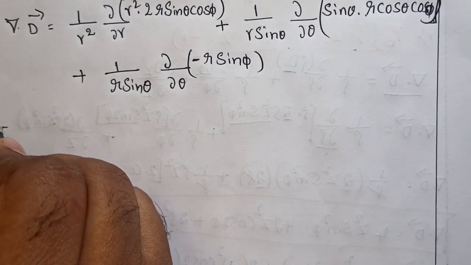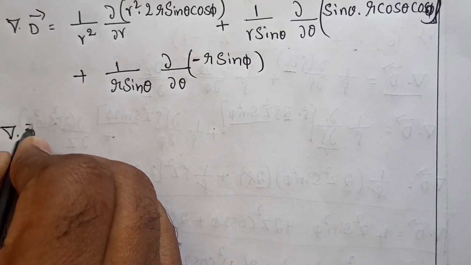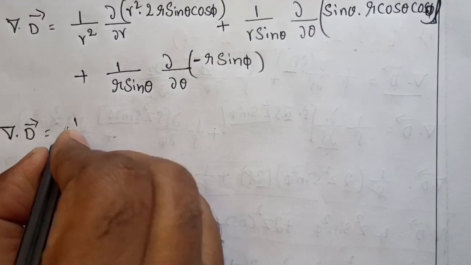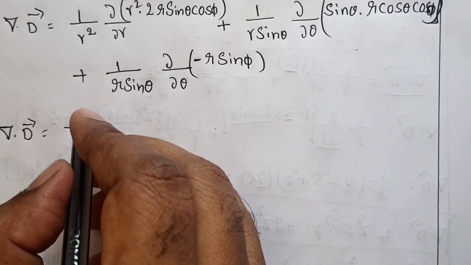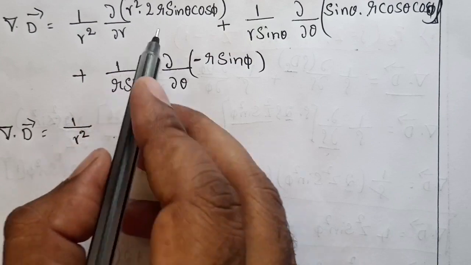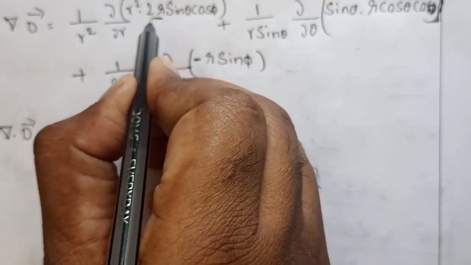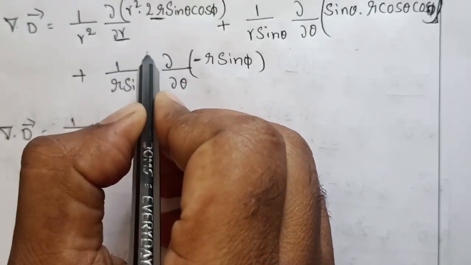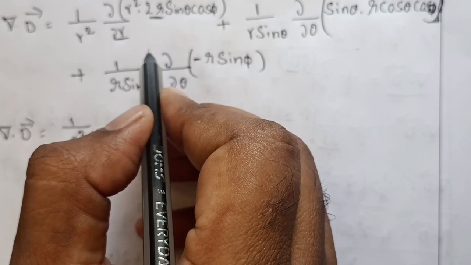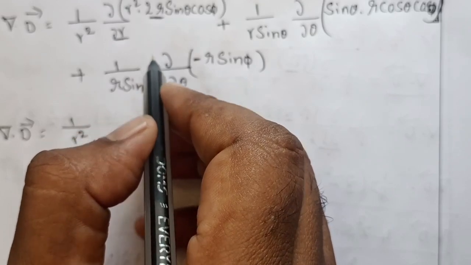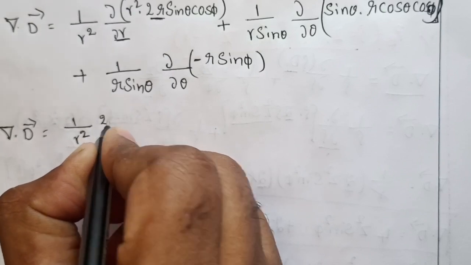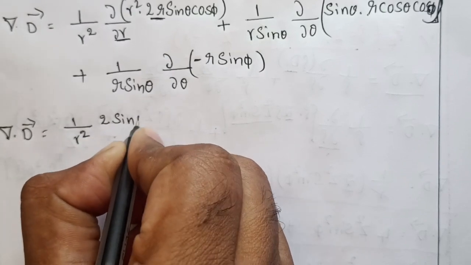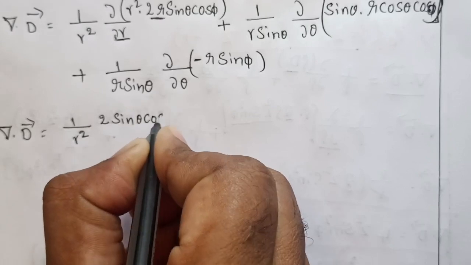So del dot D equals 1 by r square into, I am doing with respect to r, so the rest is constant and I can bring it outside. Therefore it becomes 2 into sin theta cos phi, which I bring outside as a constant.